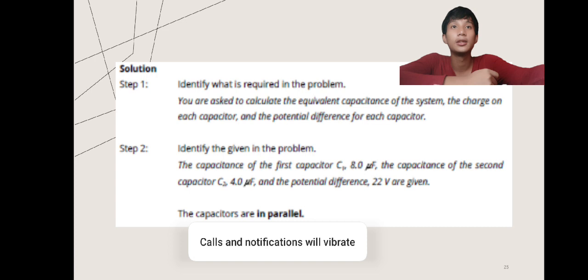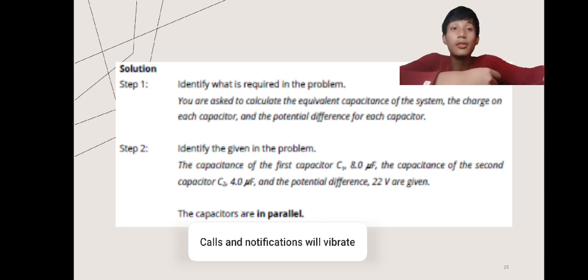Next step is to identify the given, which are the capacitors 8.0 microfarads and 4.0 microfarads, and the potential difference of 22 V.